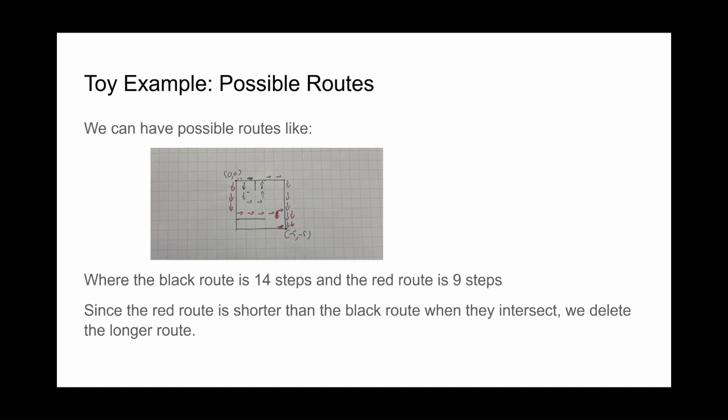Both are viable to get to the end, but because the routes intersect at the end, we first check the intersecting routes in order to discover the shortest one, and then we save the shortest route as the answer and delete the longer route.